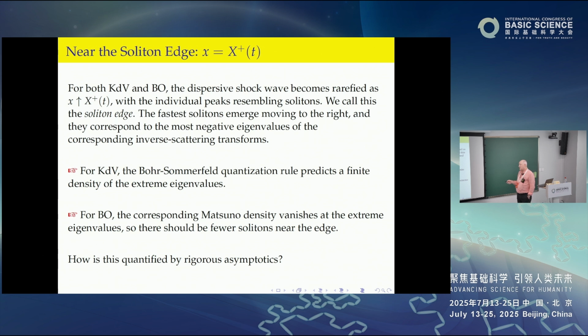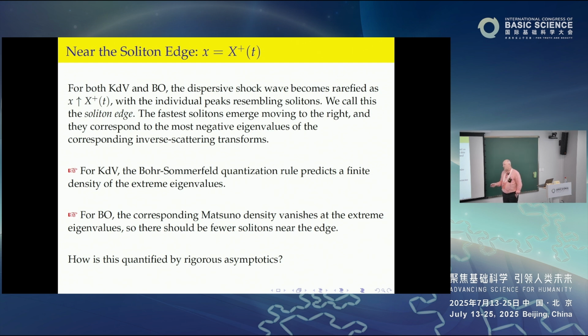In both models, the fastest solitons are also the tallest ones, so they come out on the right-hand side, and they correspond in both cases to the most negative eigenvalues of the corresponding scattering transforms. Okay, so for KdV, we had this Bohr-Sommerfeld quantization rule, and if you look carefully at that rule, you see that there's actually a finite density of the most extreme eigenvalues.